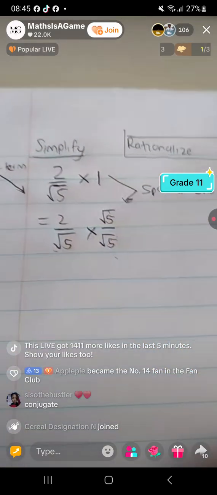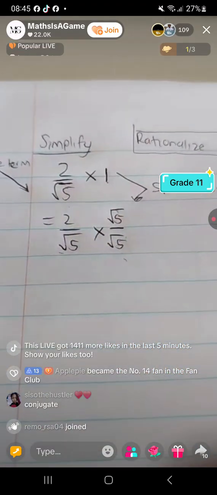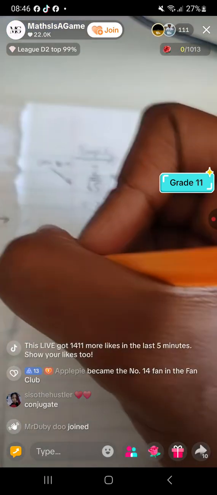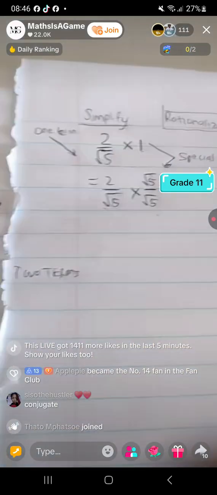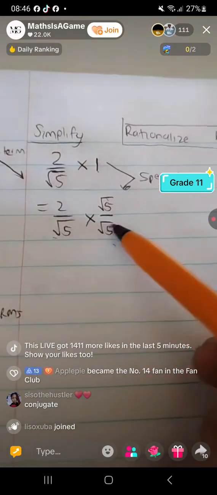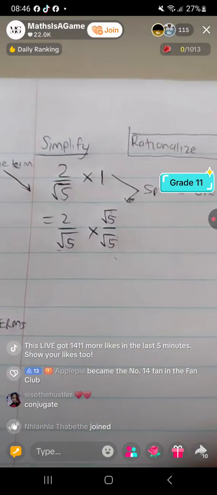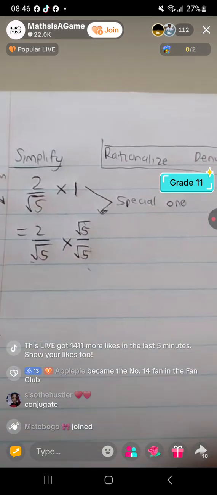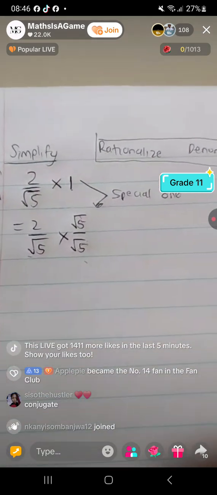Guys, remember, we don't refer to this specifically as the conjugate. The conjugate only applies when there are two terms. All right? This here, we don't call the conjugate. Let's be careful about our wording. This is a special one because I want you guys to know terms and to be able to understand terms for what they actually are.